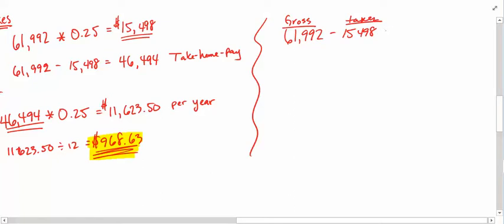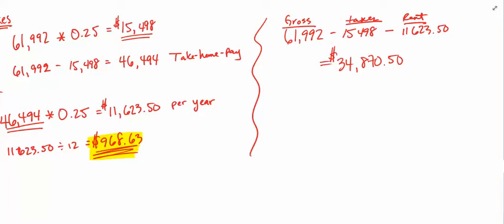So gross pay is $61,000, taxes are around $15,000, and rent we're going to spend, or he's going to spend, $11,623.50. So after those two expenses are deducted from his gross income, that means he's left with about $34,870.50 to spend and save throughout the year.